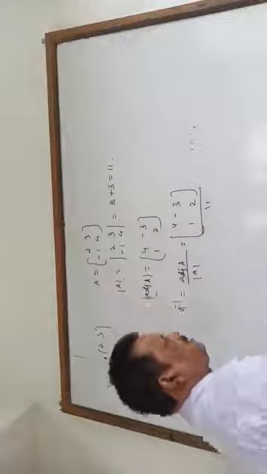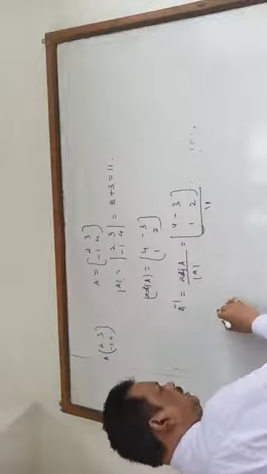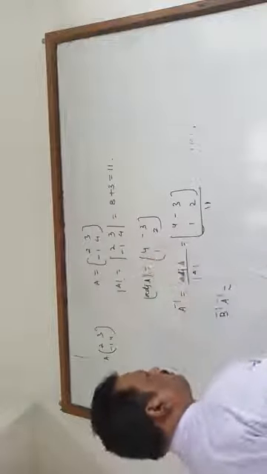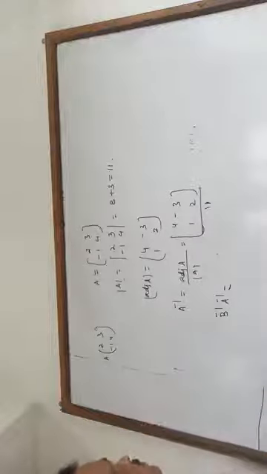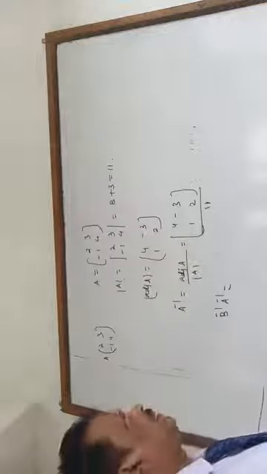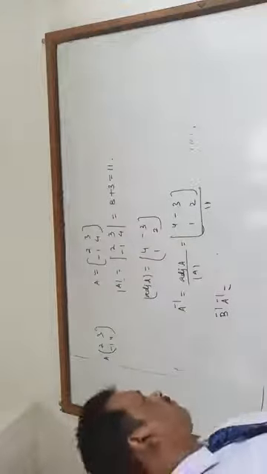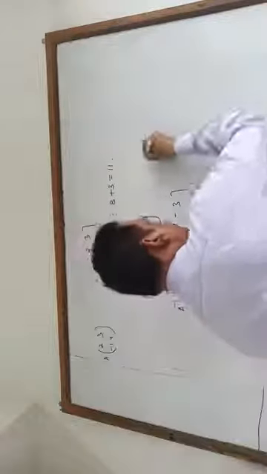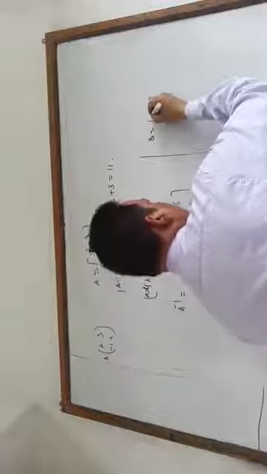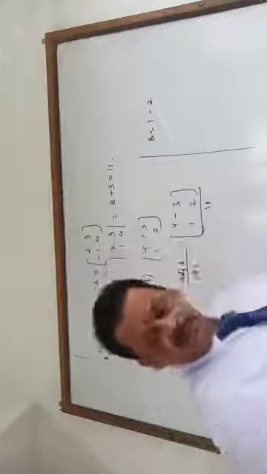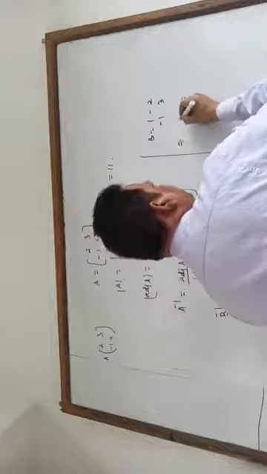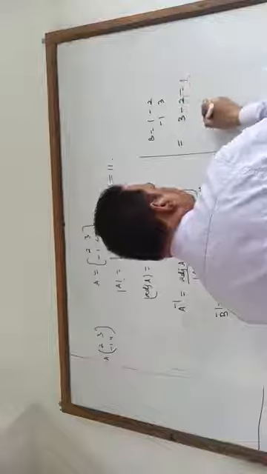Now you have to find out what is B inverse A inverse. Let me check it again. B was 1, minus 2, minus 1, 3. So that was 3, 2, 1, 1.